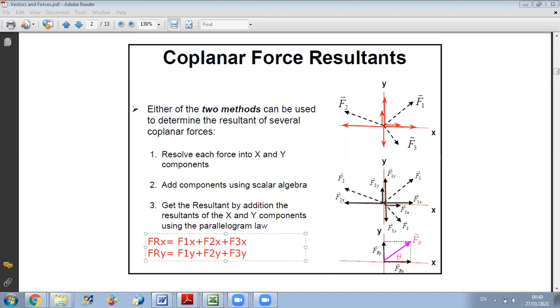Now if I look at my figure here, how do I find the total resultant? Whenever you find FRx and FRy, we know that since it is a rectangular frame, this is a 90 degrees angle.